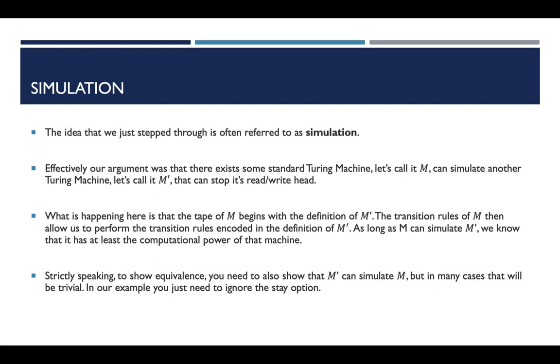But for now, what we really want to focus on is these higher level algorithmic ideas. Going forward, thinking about homework and things like that, really the test here is going to be making sure that everybody can understand how to simulate one machine on another, effectively using whatever rules are outlined for the simulator Turing machine. And we're going to go through several examples that make that more obvious.